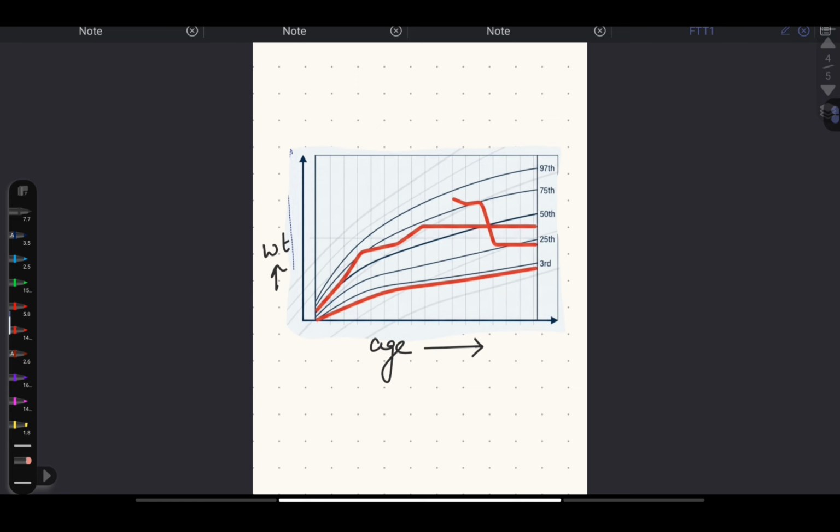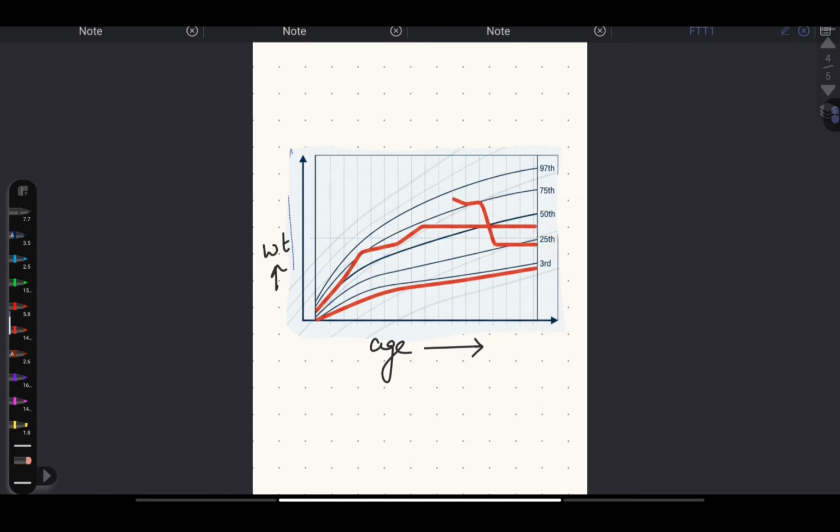And the third characteristic was deceleration in the growth velocity. In the third graph that we see here, there is faltering in the growth curve. Initially it was at the 75th centile, and now it has reached the 25th centile. This faltering in the growth curve, we call it failure to thrive again.